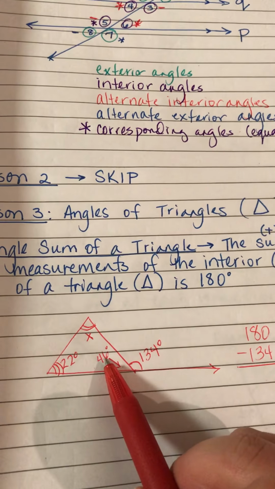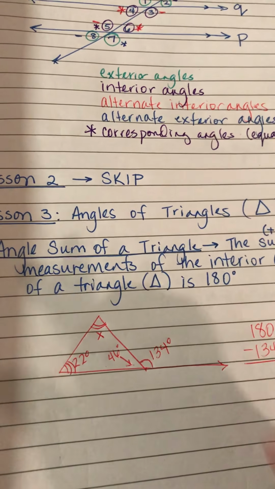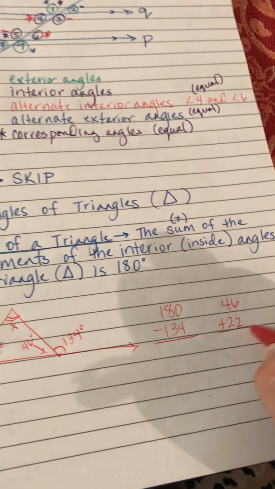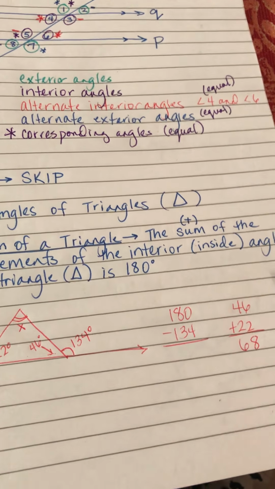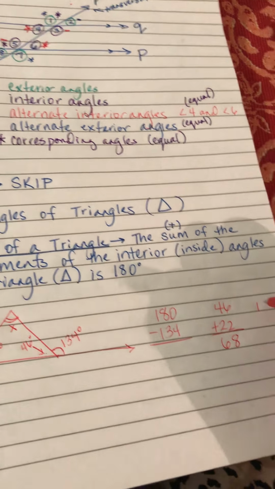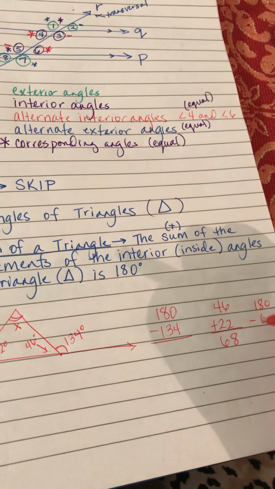And because I know this one is 46 and this one is 22, then I can do 46 plus 22 and then subtract this amount from 180, because my total is 180.